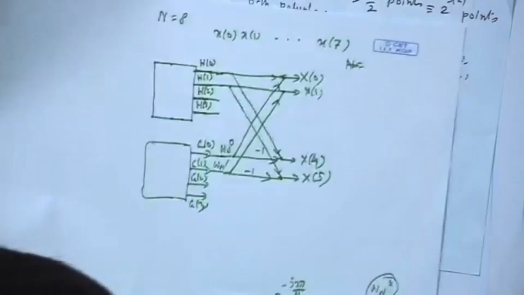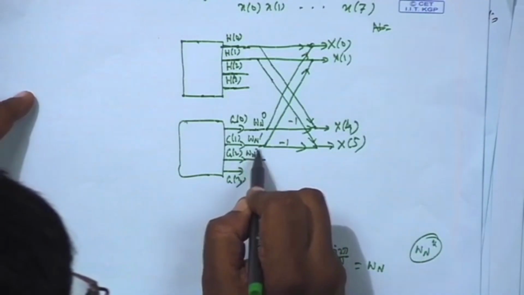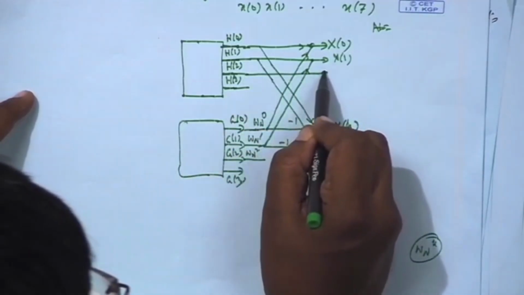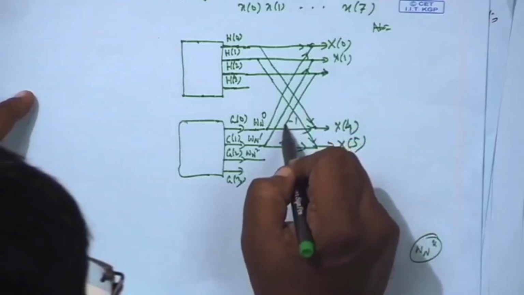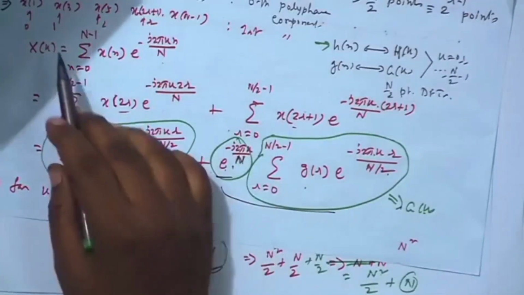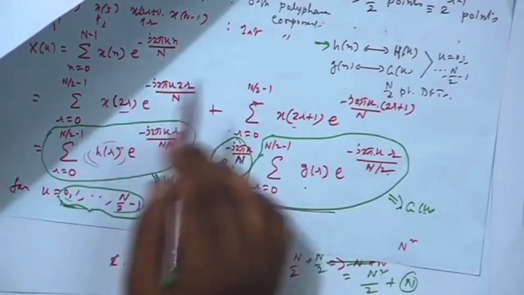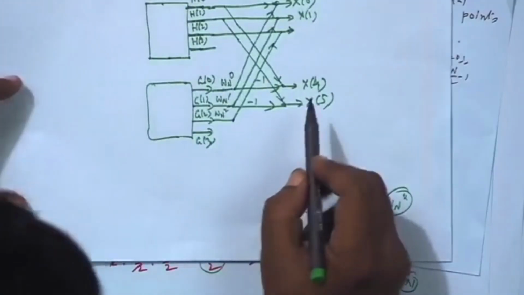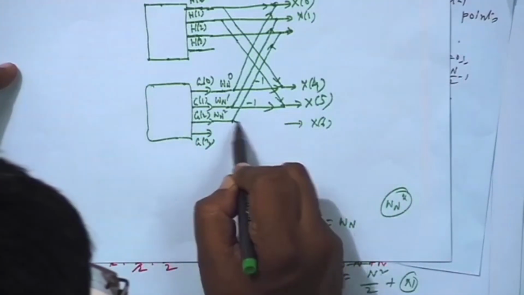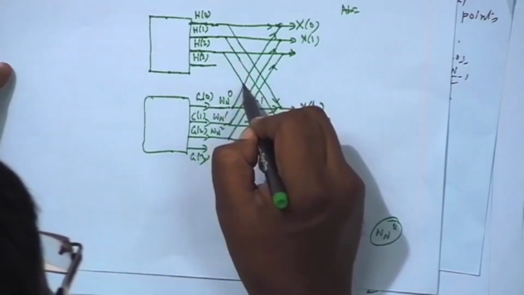In the same manner, k equal to 2 means H 2 plus W n to the power 2 G 2. And instead of 2, if k jumps from 2 to 2 plus n by 2, that is 4, 2 plus 4 is 6, you will get the same thing, same G, but they will undergo a minus sign.